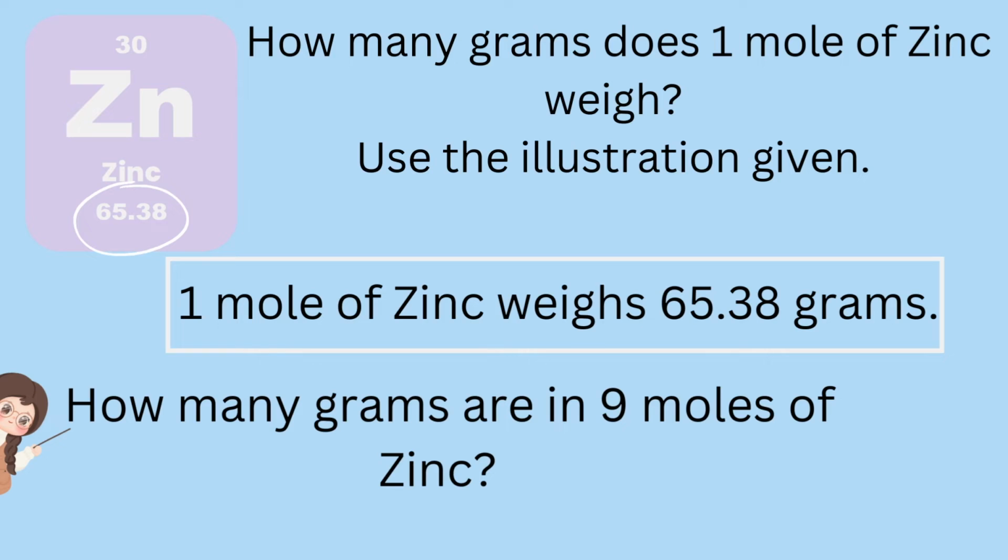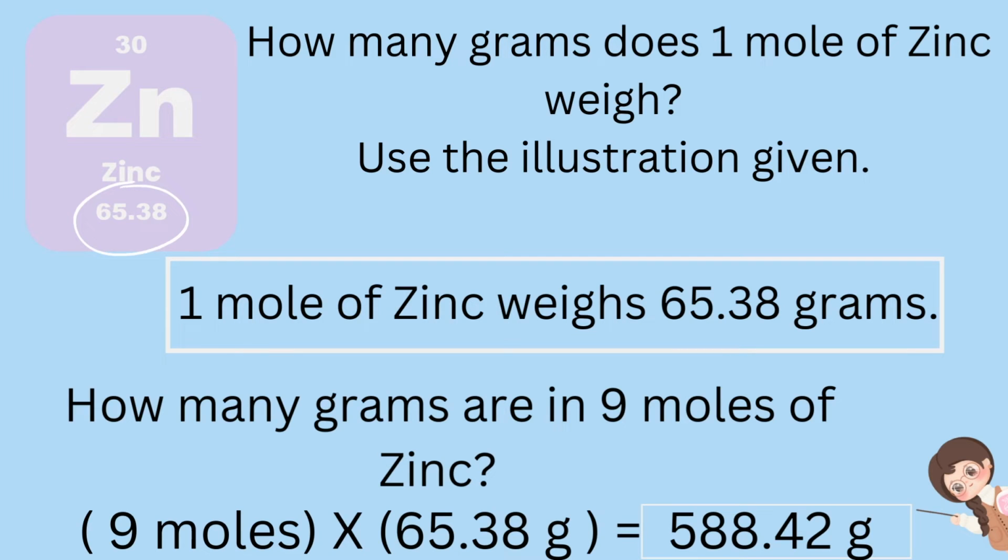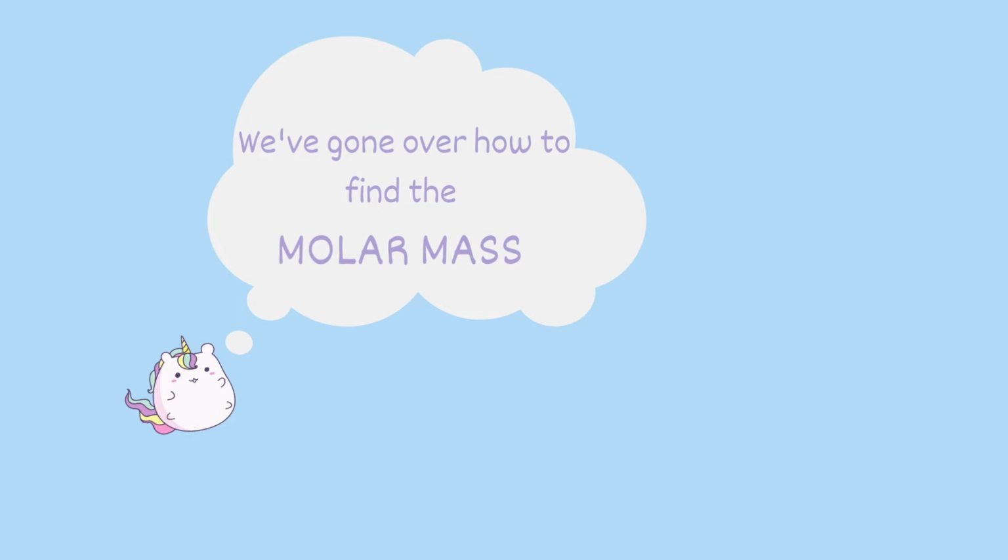And how many grams are in 9 moles of zinc? If we multiply the number of moles given by the mass of each mole, we get 588.42 grams.